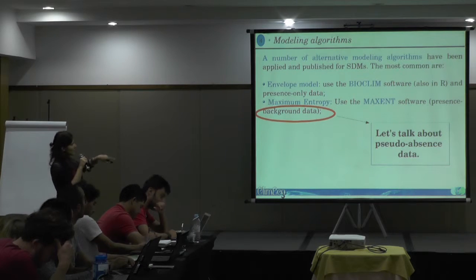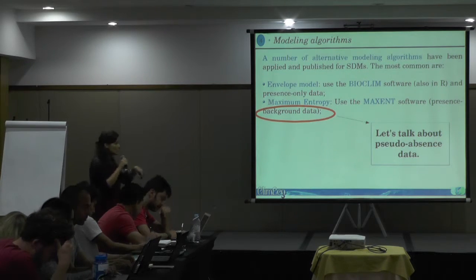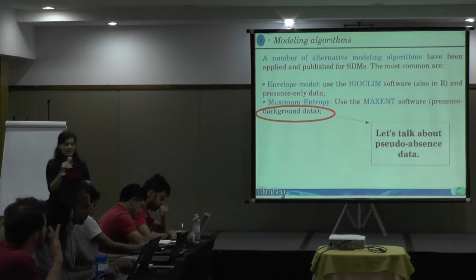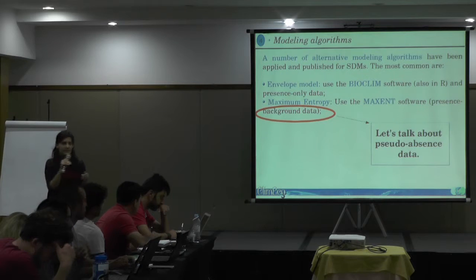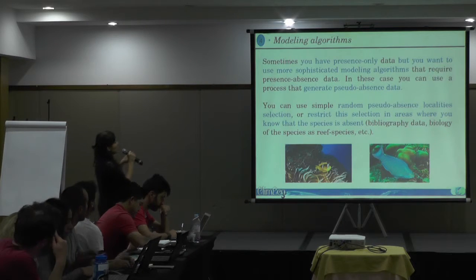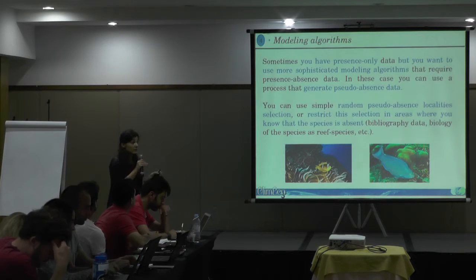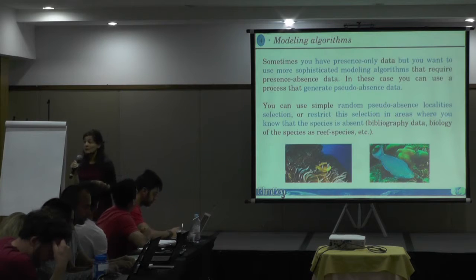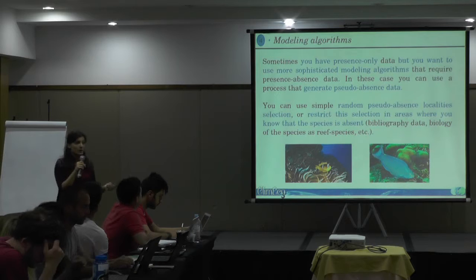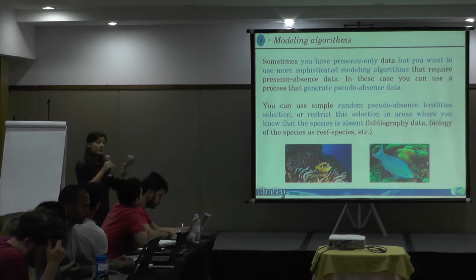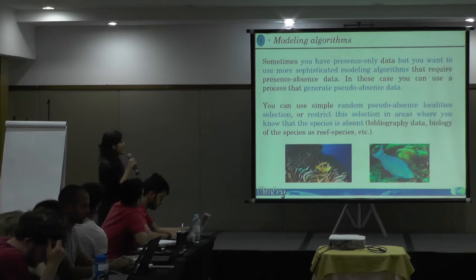The background data, we are going to do this in the practical session, is a generation of pseudo-absence. Really quickly, think that you have just presence-only data, but you want to use a model that needs presence-absence data. Let's think, for example, of a generalized linear model, where you have to use presence-absence with a binomial distribution.